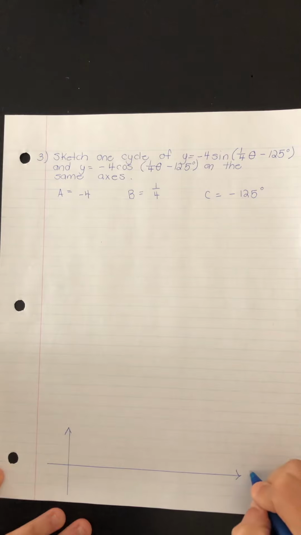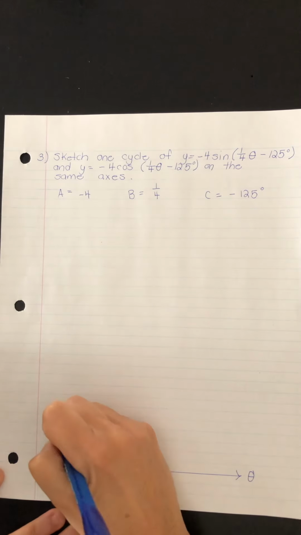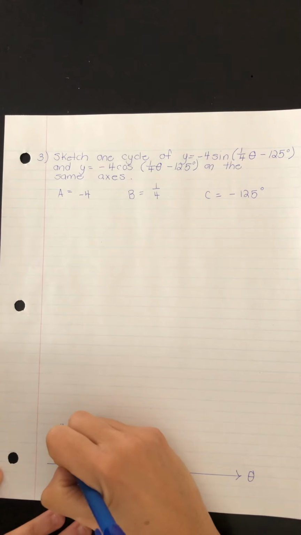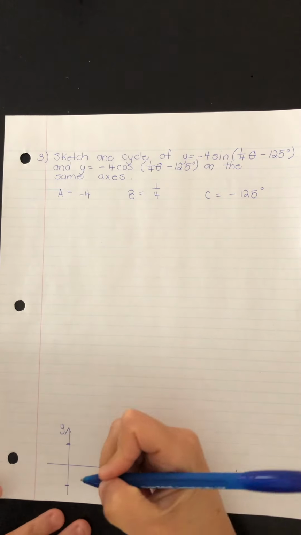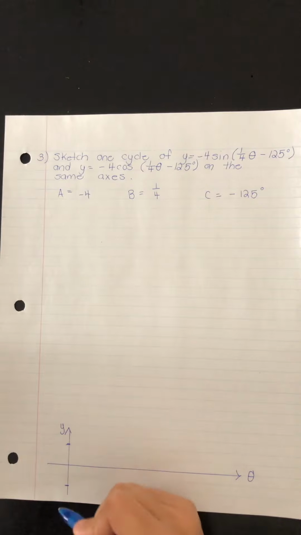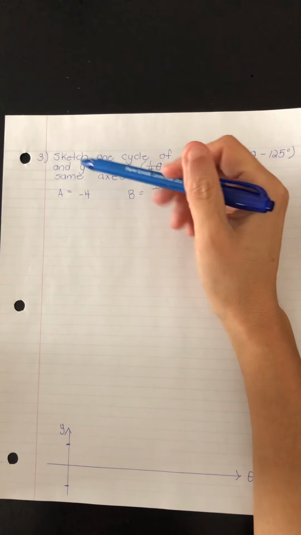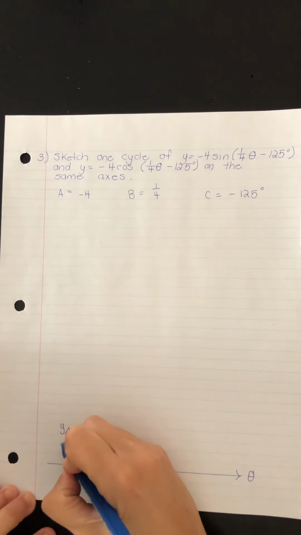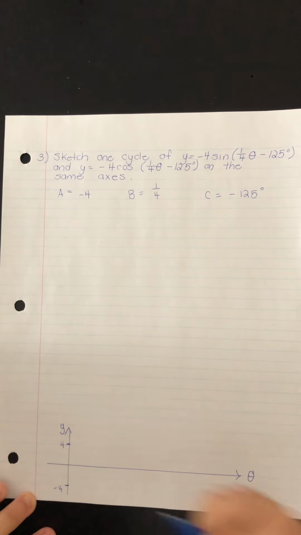Okay, I'm going to label my axes just like this. If I want to, I can now put these points on my graph as well, on my axes here, because I know the amplitude is 4. It means on the graph I'm going to need a 4 and a -4 shown.